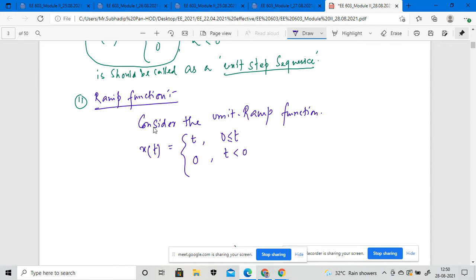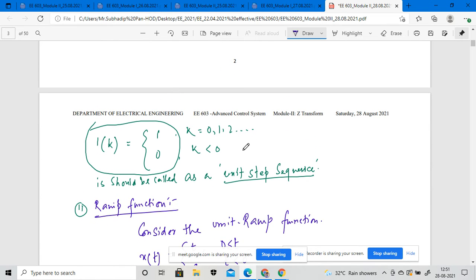So we will consider x of kt, according to the time function. X of kt is nothing but the value of kt, where the k value varies from 0, 1, 2, as we considered in the step function, right?